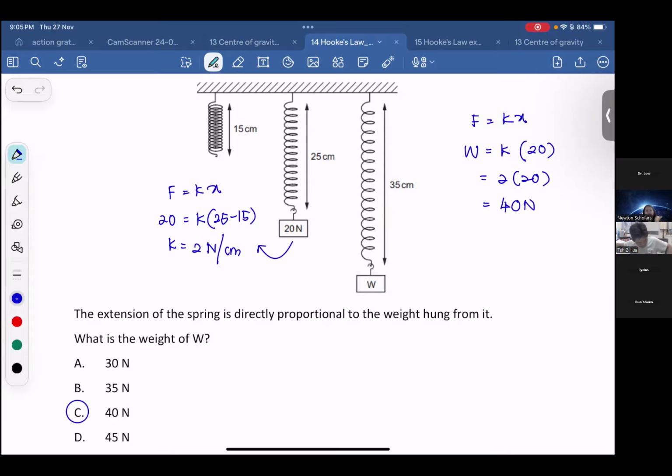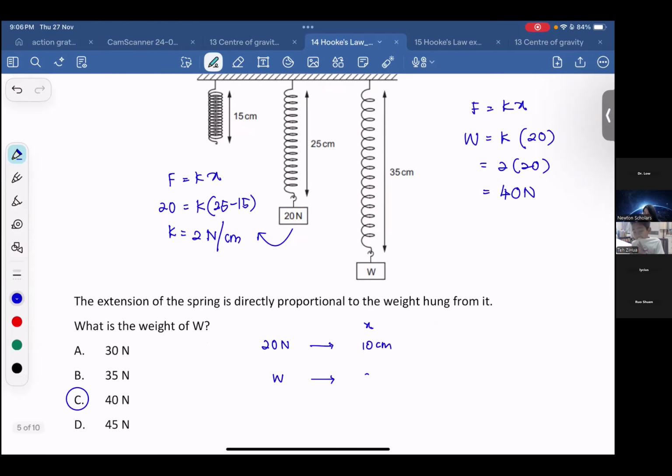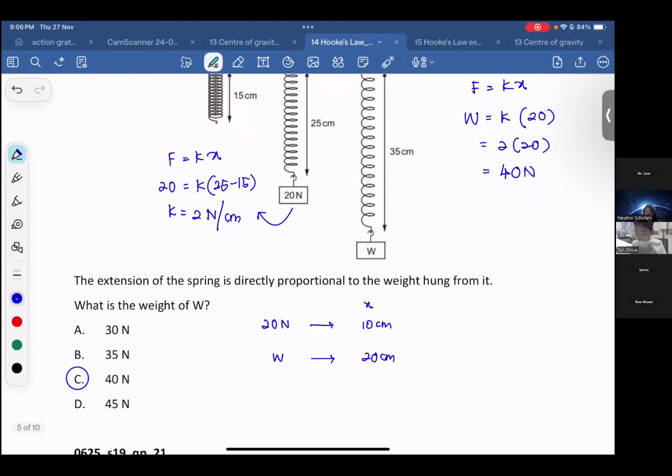But I can tell you another easier method. Here, when you are hanging 20 Newton, your extension is 10 cm. When you are hanging the unknown W, your extension is 20 cm. So in mathematics ratio, year 7, learn ratio.